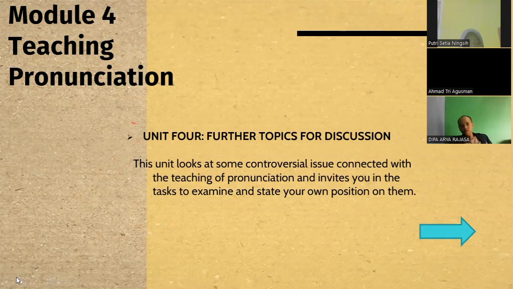Next, Unit 4, further topics for discussion. These units look at some controversial issues connected with the teaching of pronunciation and invite you in the task to examine and state your own position on them.